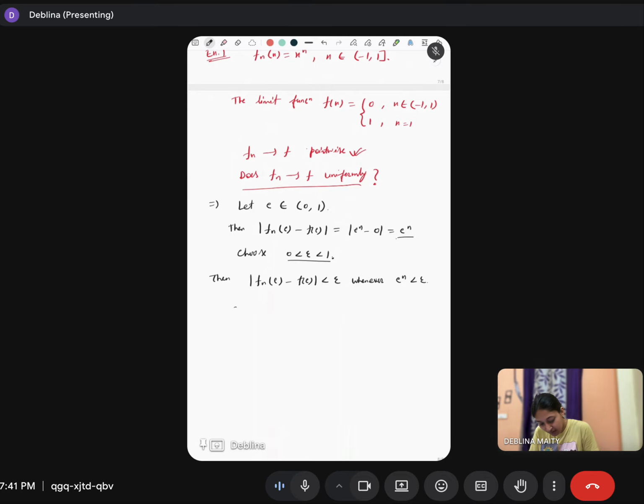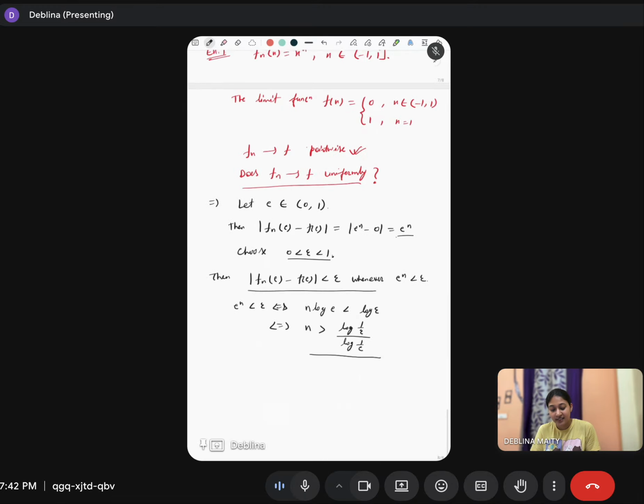Now, c to the power n less than epsilon means n log c is less than log epsilon, and since c and epsilon are both less than 1, these are negative terms, so in positive form we write n is greater than or equal to log(1/epsilon) divided by log(1/c). So whenever n is bigger than this number, this occurs.